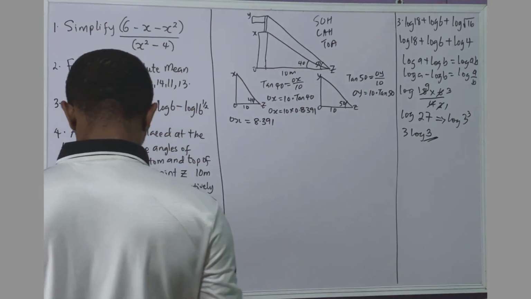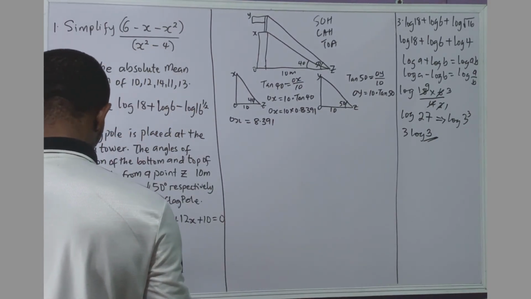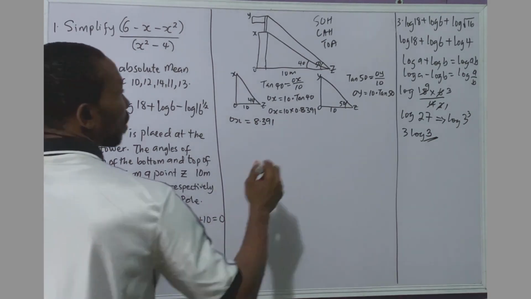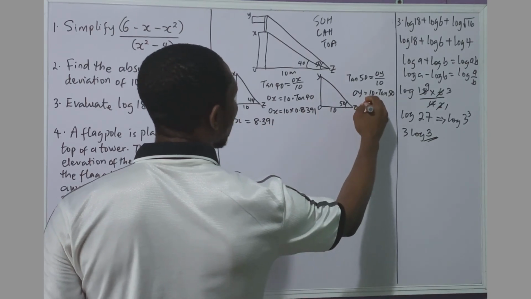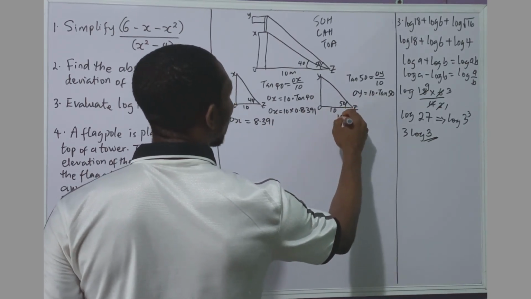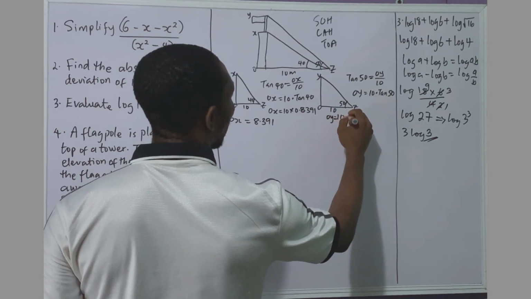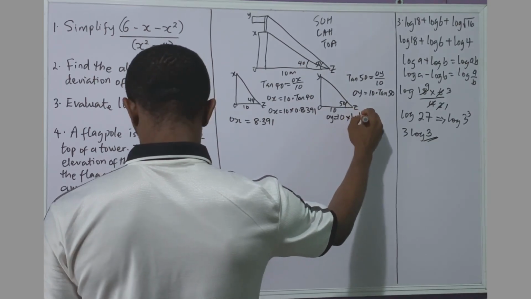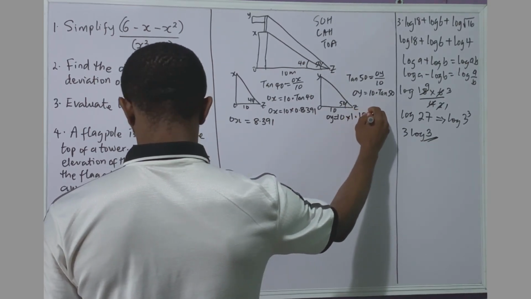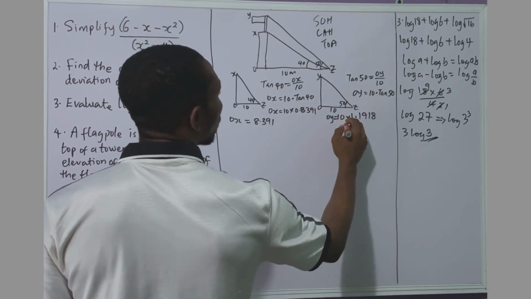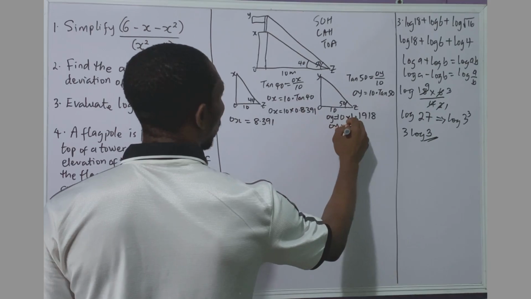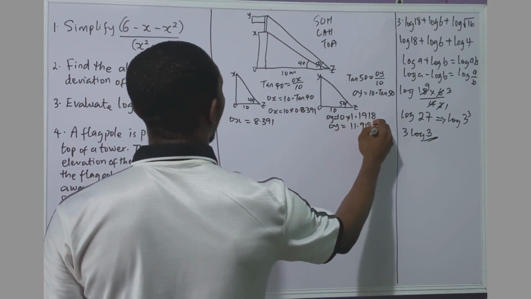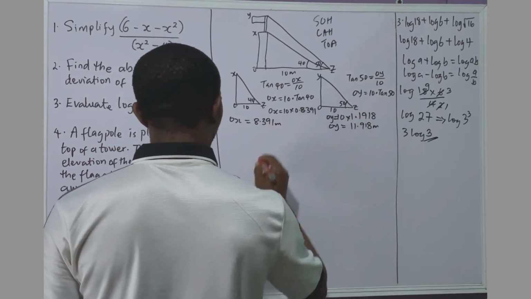And tan 50 will become 1.1918, so OY equals 10 times 1.1918, OY equals 11.918. Now remember, these are all in meters.